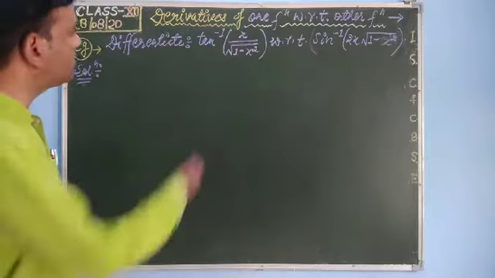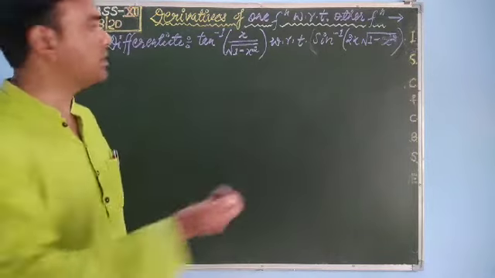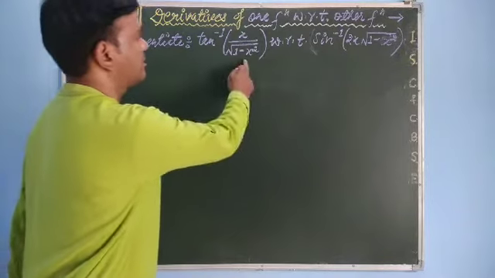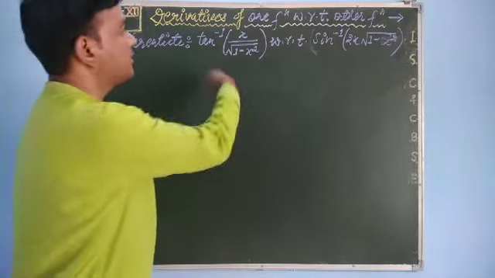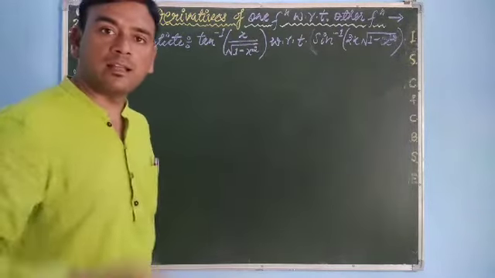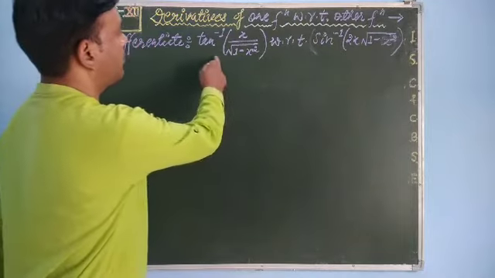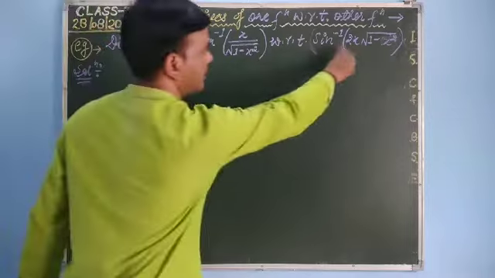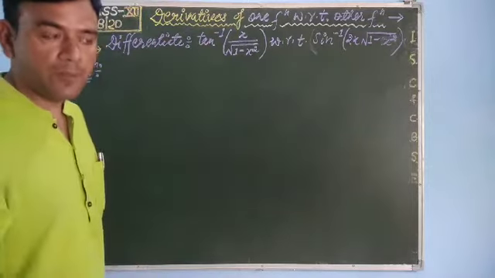Okay, see here, this seems to be a parametric form, because in parametric form we have two variables given in terms of a third variable. In a similar way here, if we suppose this as one variable and this as another variable, then this becomes a parametric form.